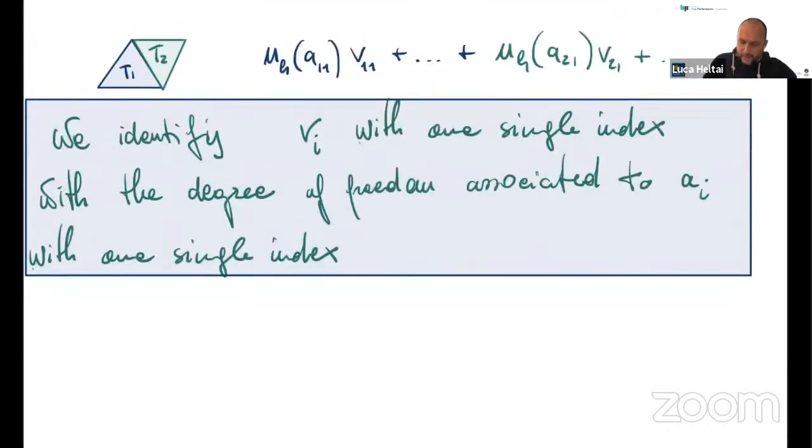Since it's arbitrary how to choose, once you've selected the basis functions locally on T1 and T2, there is no reason for these basis functions to be related to each other. And so the way to choose whether they relate to each other is to associate a global basis function to each one of the local basis functions according to the support points globally to which these basis functions are associated.